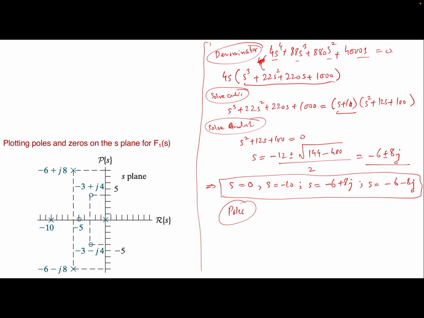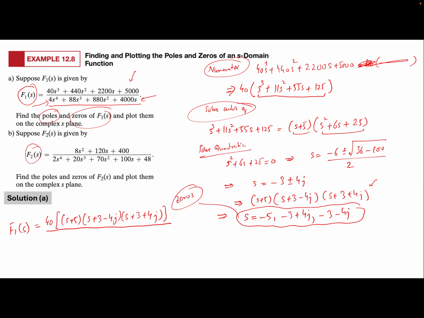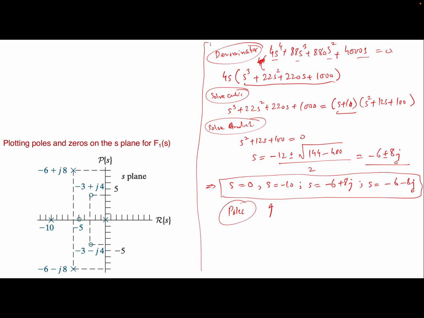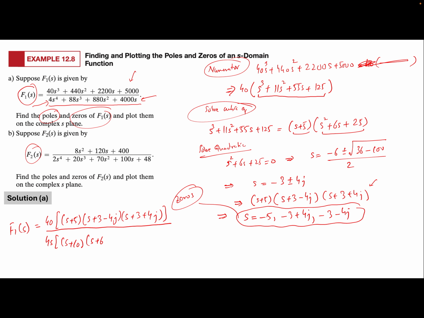So these are the poles, and in the previous slides I talked about the zeros, right? So let me write these poles down in that function too. So you also get to have a function. So you're going to get 4 times s plus 10, s plus 6 minus 8j and s plus 6 plus 8j, right?